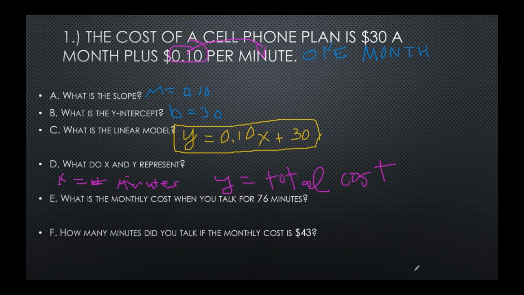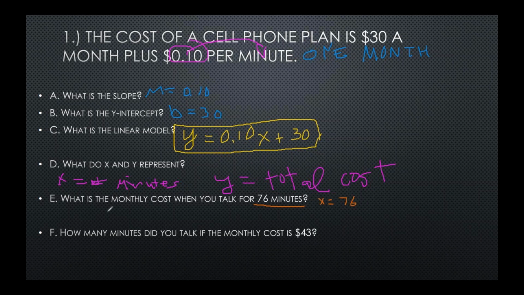So it's always good to have in your mind what those variables represent, because it'll make your life easier later. When we move to letter E, it says, what is the monthly cost when you talk for 76 minutes? Well, 76 minutes is X. So X is 76.